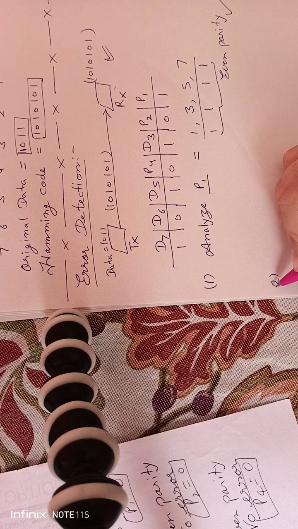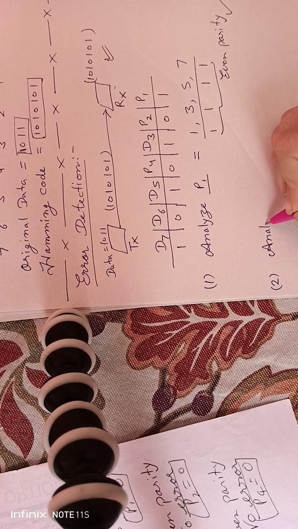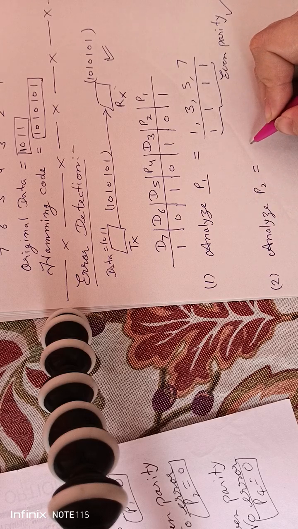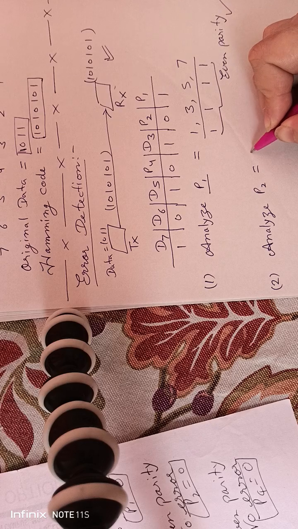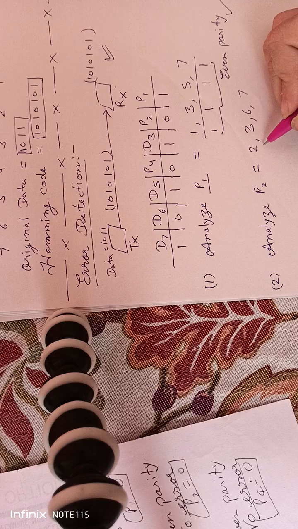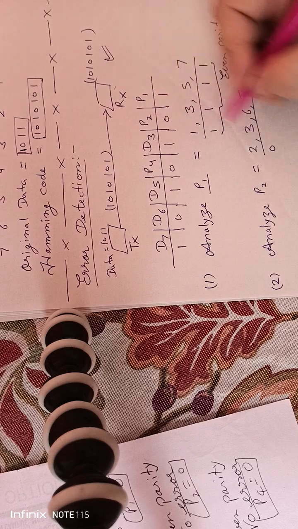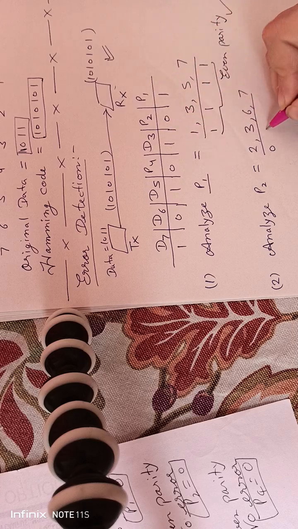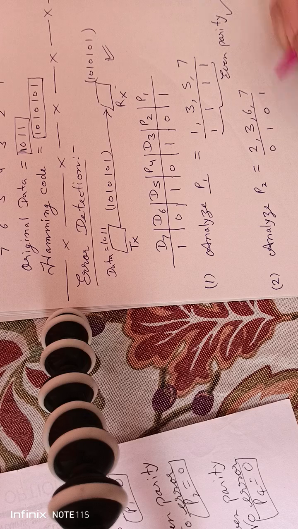Now we will see the same process for P2. So for P2 we have 2, 3, 6 and 7. So write down the data for the same. So for 2, 0, 3 is 1, 6 is 0 and for 7 is also 1.